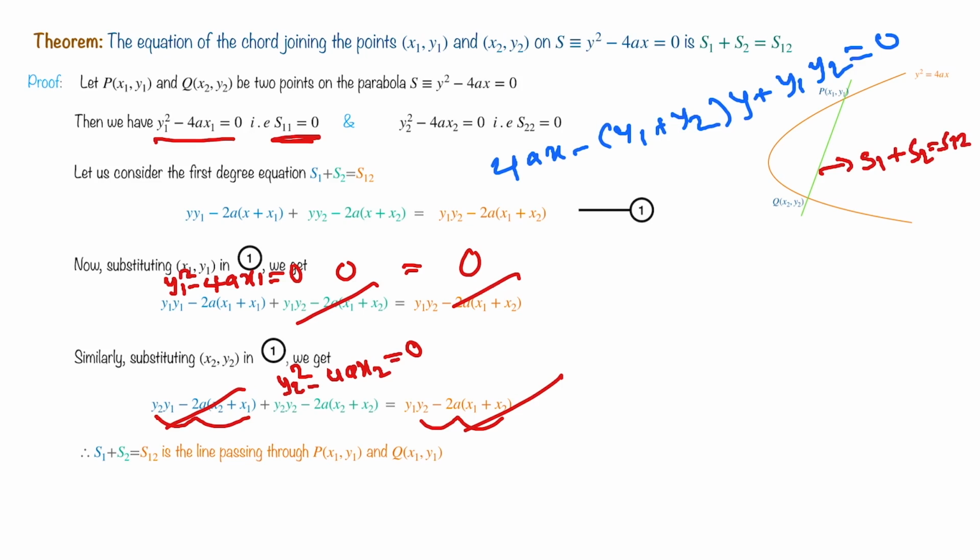Here, this theorem is not about finding the chord equation joining the 2 points x1, y1 and x2, y2 on the parabola. Rather, it is about expressing this chord equation in terms of the parabola S equal to 0. Here we are saying that this chord equation is S1 plus S2 equal to S12. We managed to express this chord equation in terms of the parabola S equal to 0. Fine.